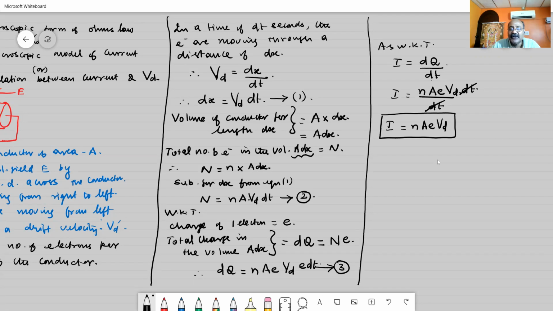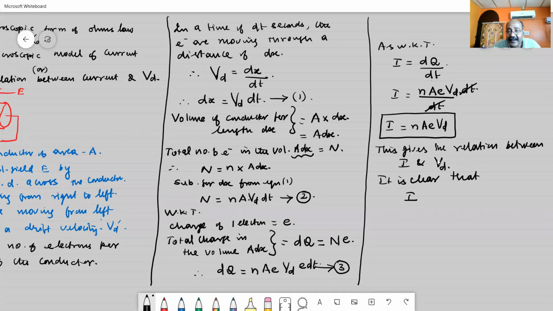This gives you the relation between the current I and the drift velocity v_d. From this equation, it is clear that current I is directly proportional to drift velocity.